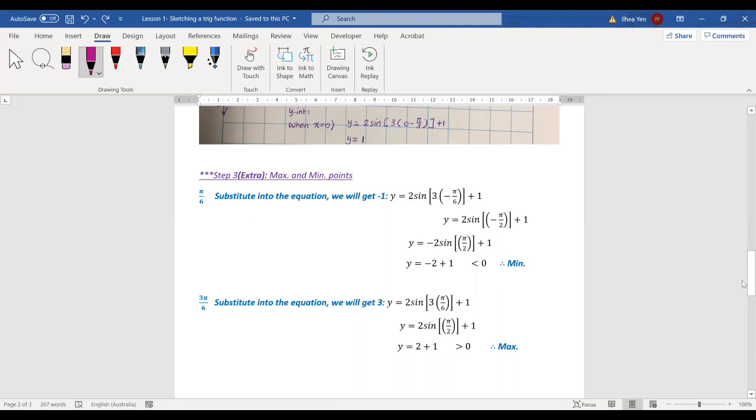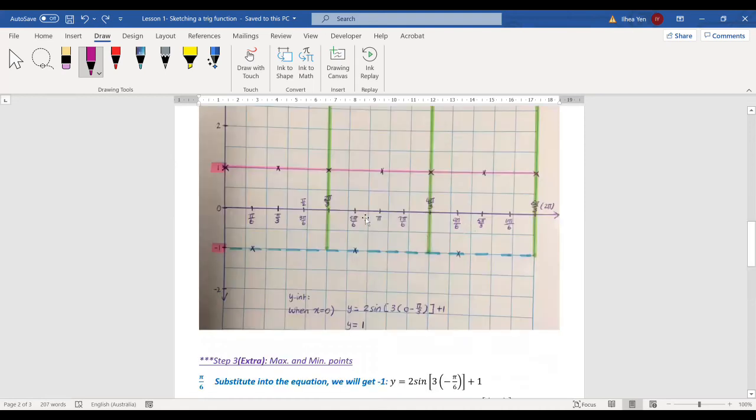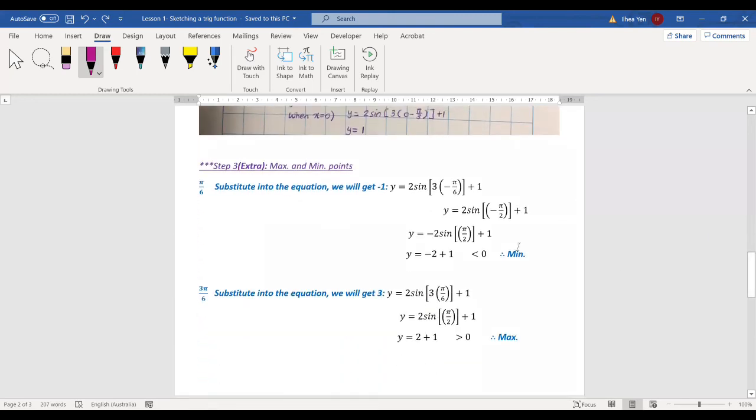What I've done is I substitute pi over 6 and 3 pi over 6, which is here. So the middle of the cycle is pi over 3, and the middle of that is pi over 6 and 3 pi over 6, which is pi over 2. So I want to know what's happening there. When I substitute in pi over 6, I actually get -1, which is my minimum value.